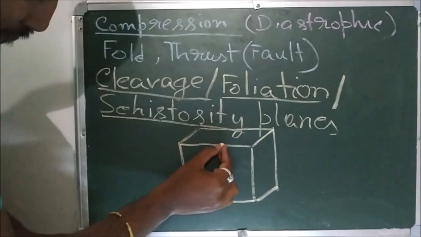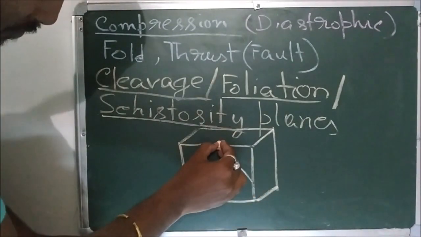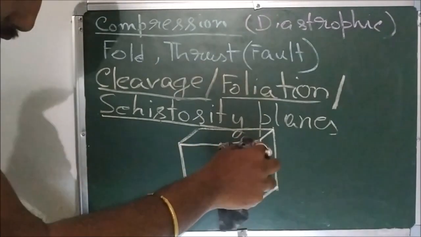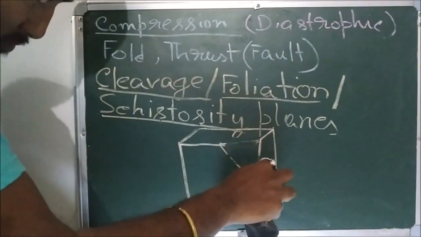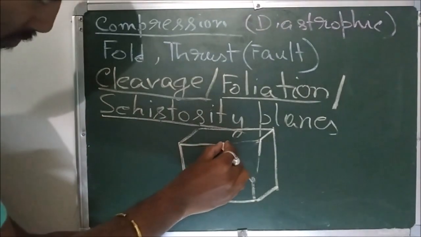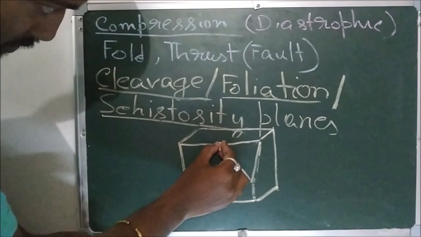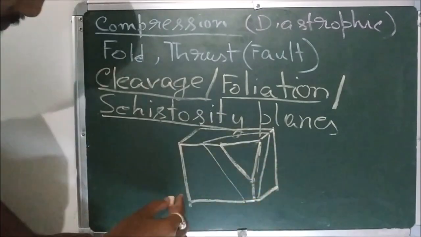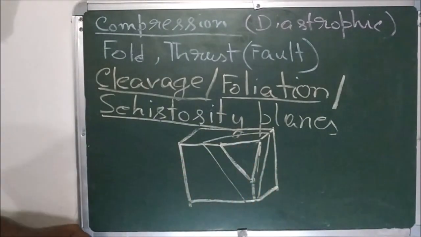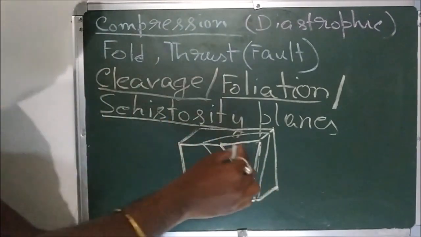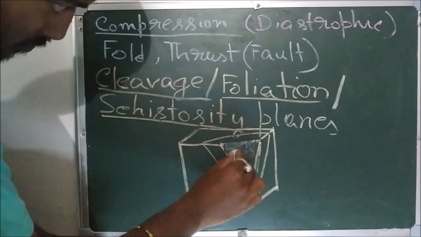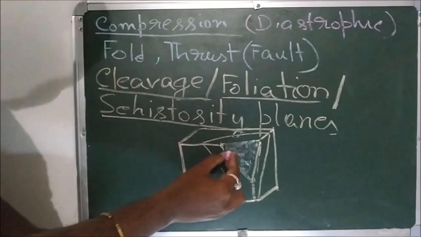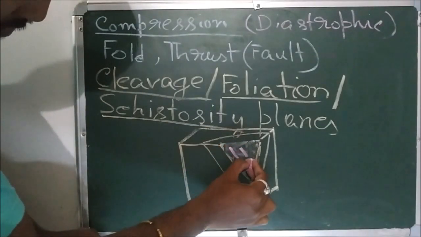Now if this is a cube and these are the foliation planes, for convenience suppose this is an inclined foliation plane, this is the foliation plane, and within that foliation plane there are lineations.